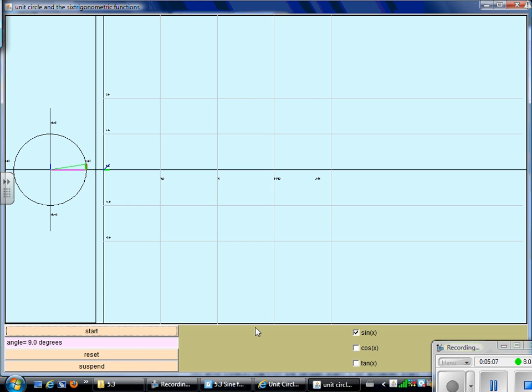Okay, so again, as theta increases, you can see what's happening to the ratio of sine. At sine of 90, we get the number 1, and then we slowly come back down again. We're still at positive y values on the unit circle. When we get to 180 degrees, the sine of 180 is 0.